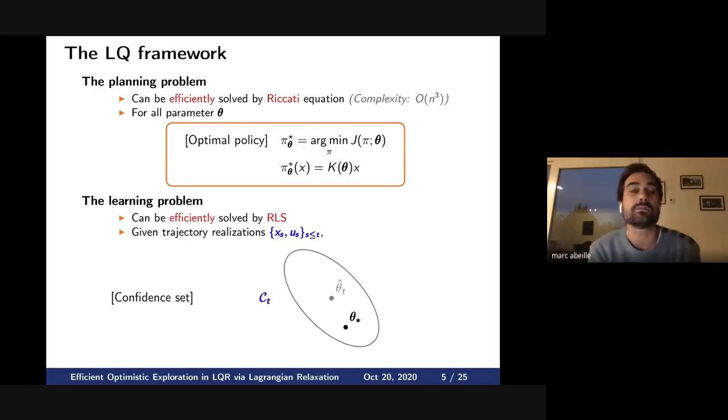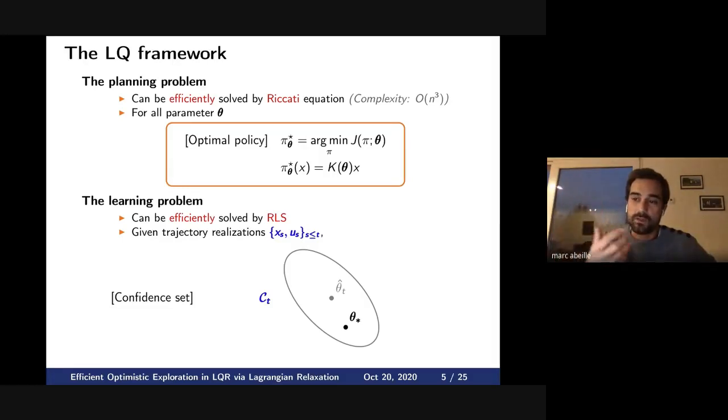At each time step, given the realization of the trajectory we observed so far, we can use recursive least squares to maintain online not only an estimate, theta hat, but the whole confidence set, a set of plausible parameters that contain theta star with high probability. And this is what is represented in the figure below. This confidence set that we denote curly C is actually an ellipsoid and shrinks over time as we accumulate information.